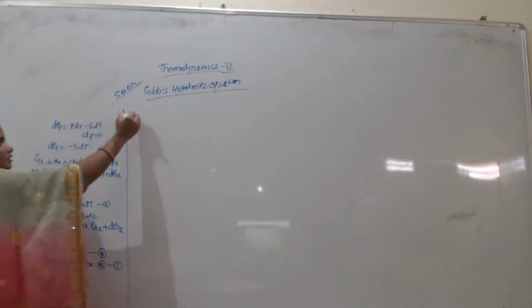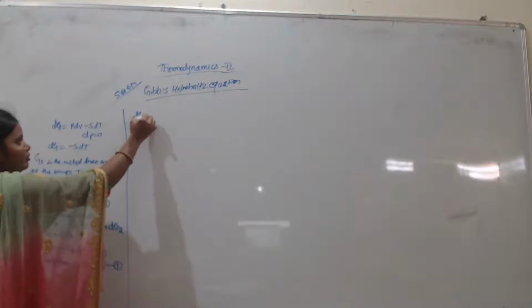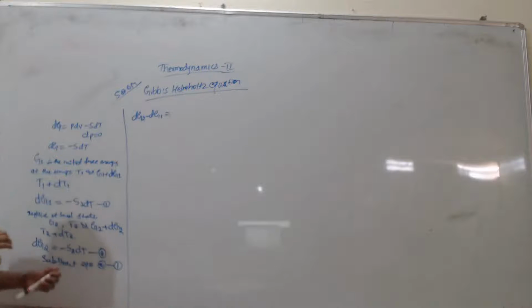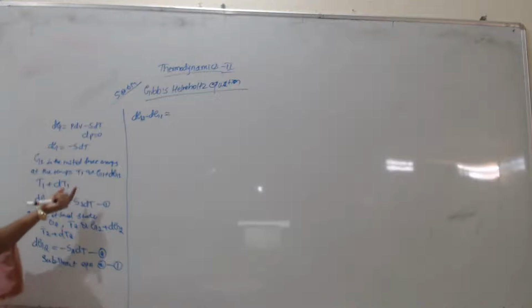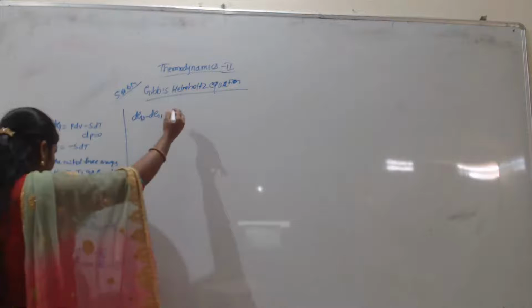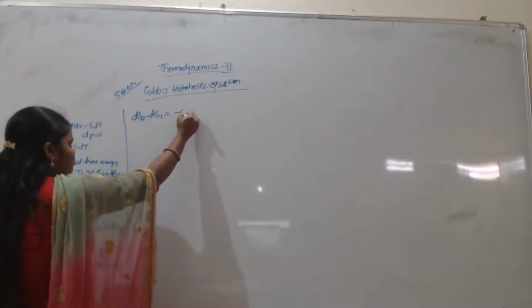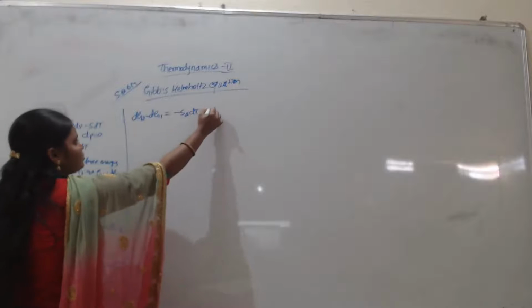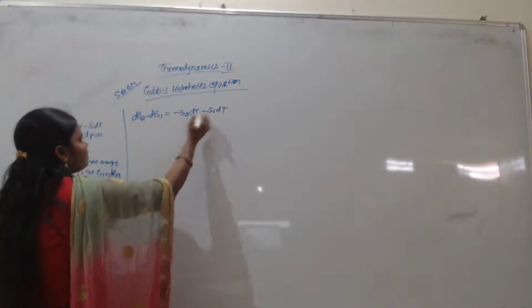We get dG2 minus dG1 equal to minus S2 dT minus (minus S1 dT).